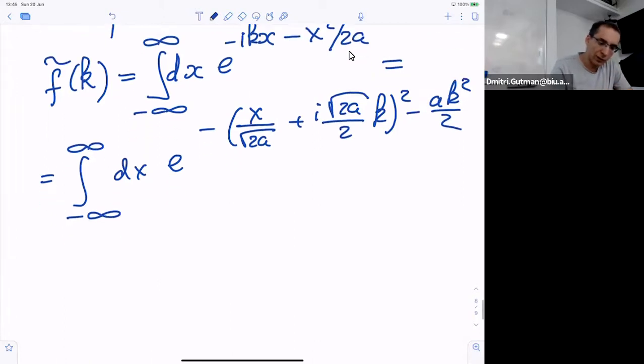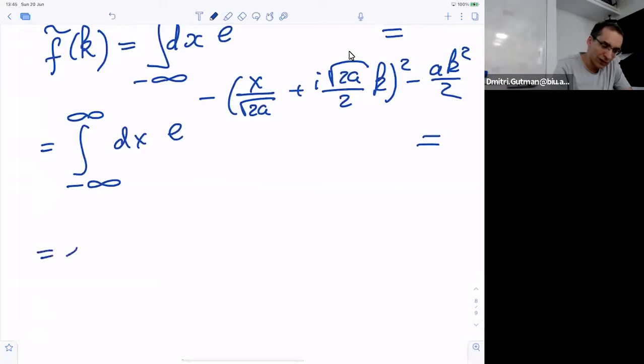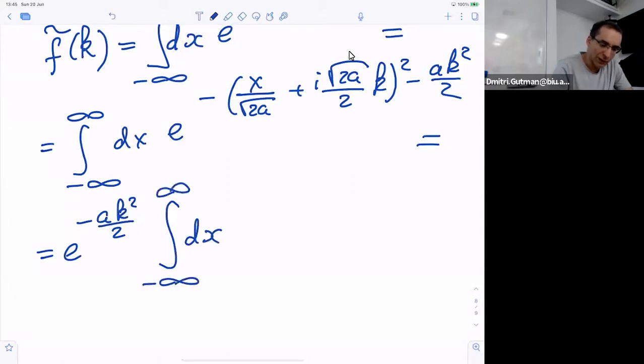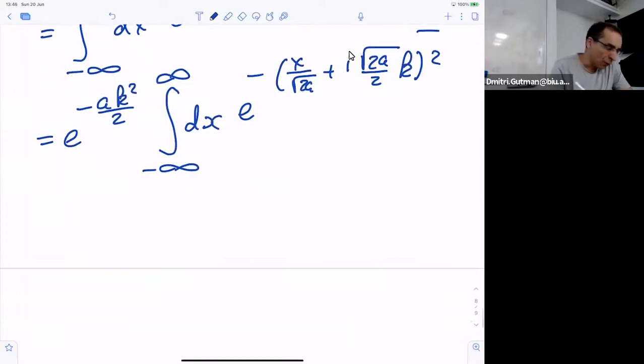Okay, so then we can write this object as e to the power minus a k squared over 2 times an integral dx running from minus infinity to plus infinity, e to the minus x over square root of 2a plus i square root of 2a over 2 times k, squared.